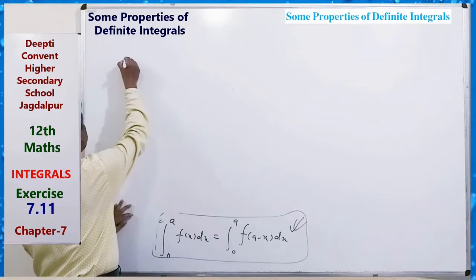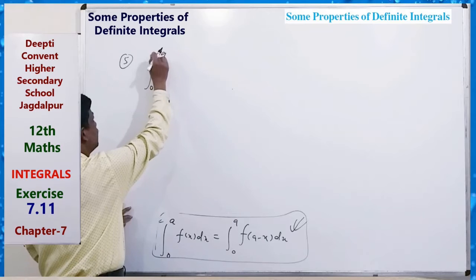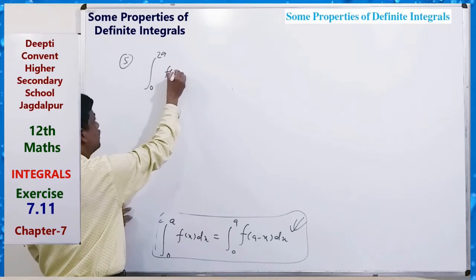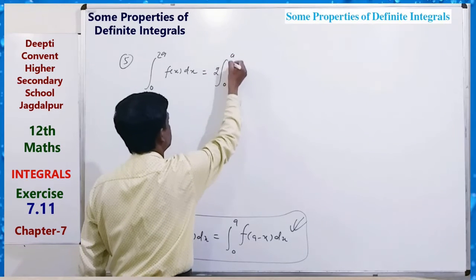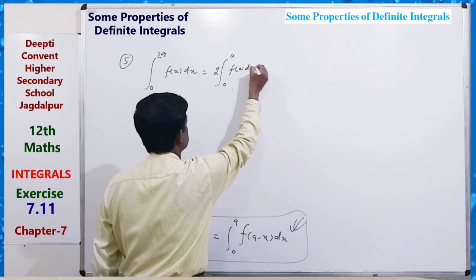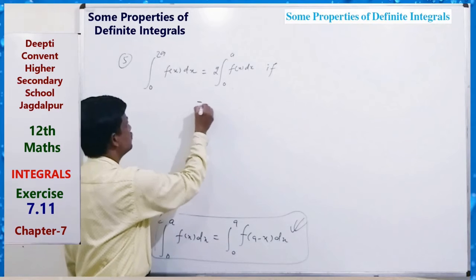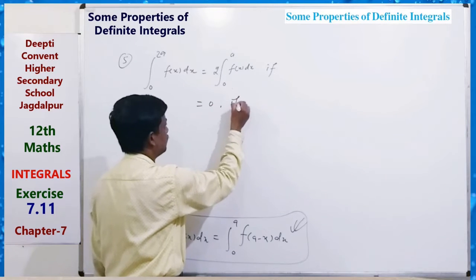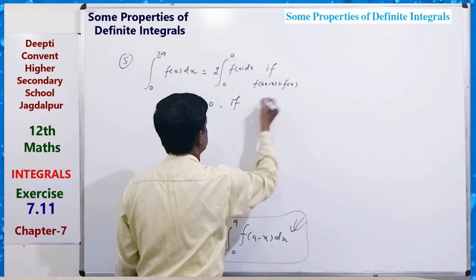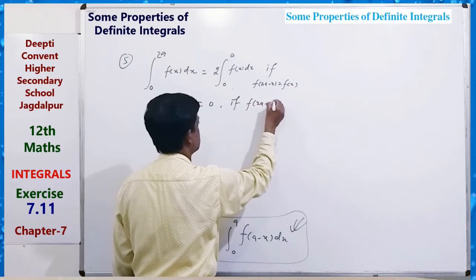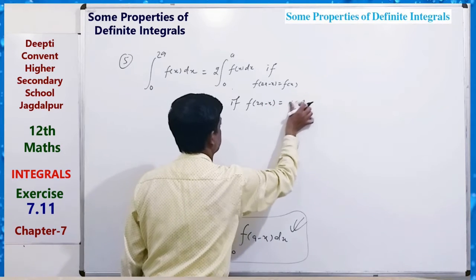Now property 5: the integral from 0 to 2a of f(x) dx equals 2 times the integral from 0 to a of f(x) dx if f(2a - x) equals f(x), and equals 0 if f(2a - x) equals minus f(x), the negative value.